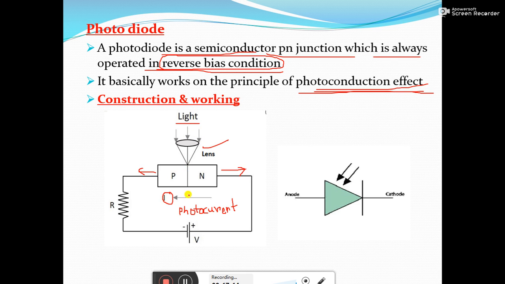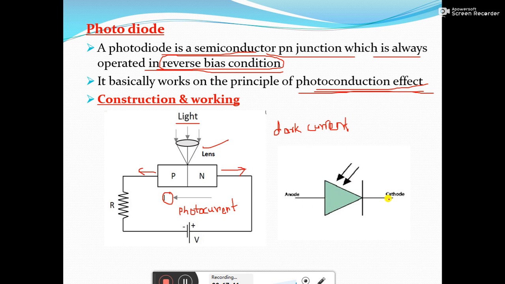At this time, the reverse current flowing through this PN junction diode will be very small, and that small current is referred to as dark current. You can see the symbol here.